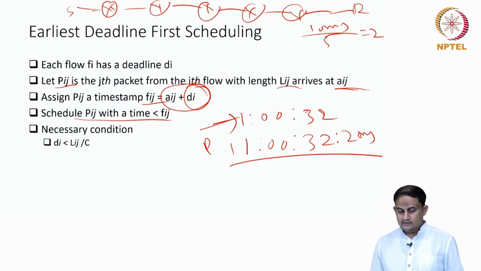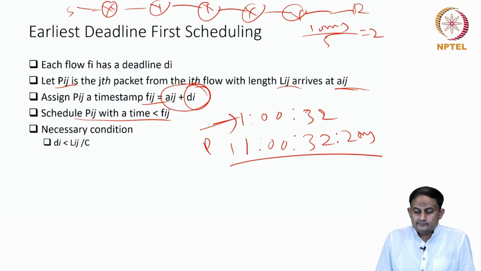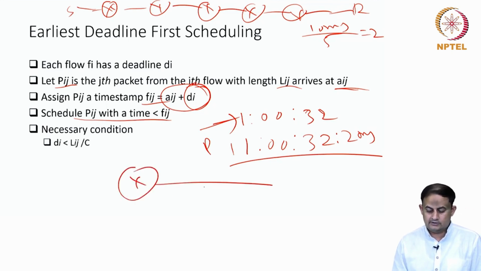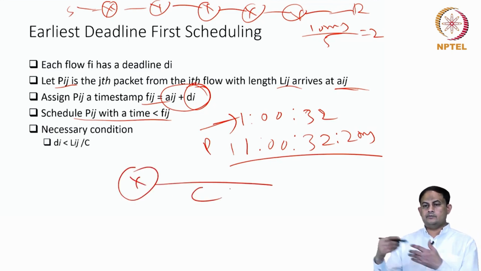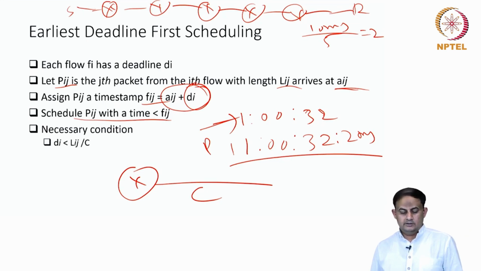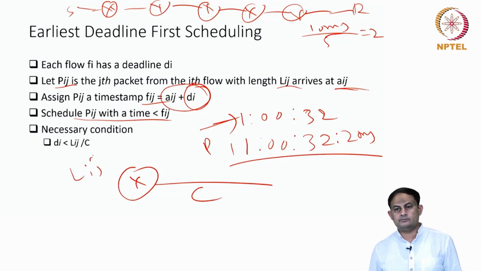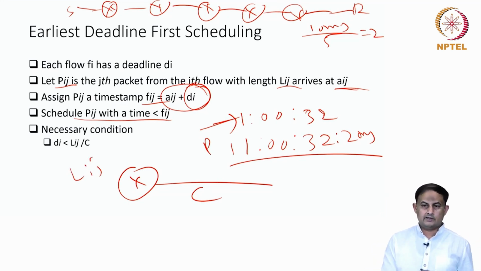It turns out that the packets have a variable amount of data, and the router has capacity C, the rate at which bytes are transmitted from this router, and Lij has a variable number of bytes in it.